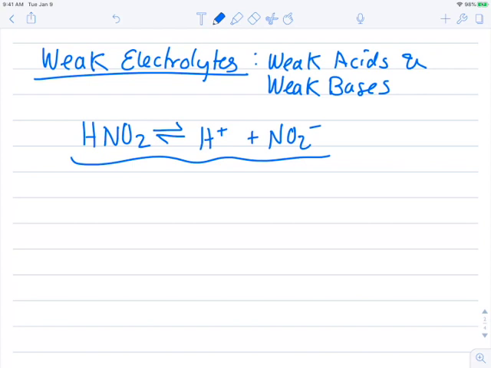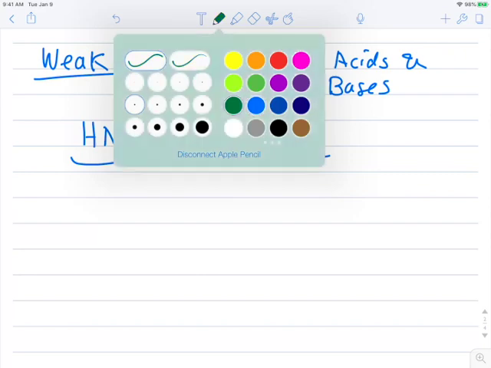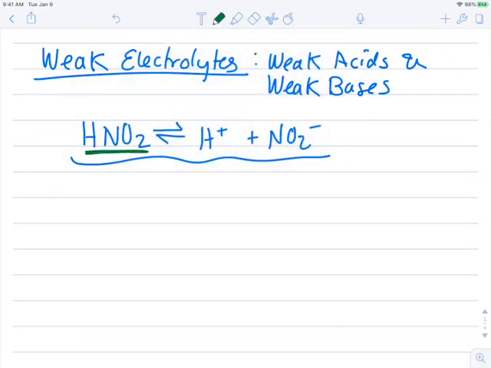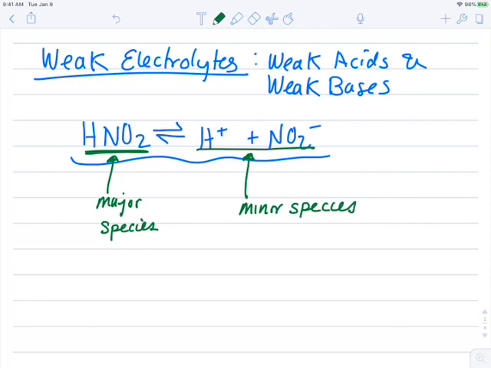But for a weak electrolyte, this is the major species. These right here are the minor species. And I know for biology majors, that word species means a whole different thing to you.